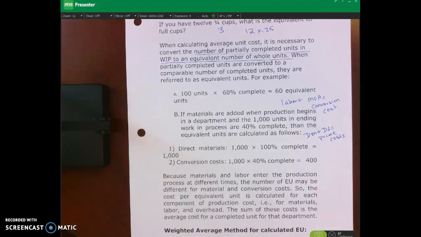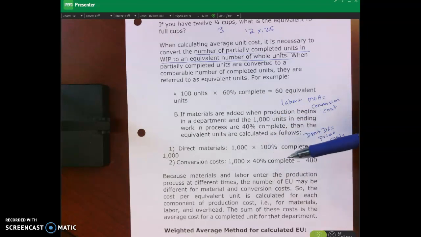So just like that example, we can have similar examples in the production process of other products. It's possible that we could add materials, labor, and overhead at different points in the production process. What that means is that our percent complete can be different for materials, labor, and overhead.